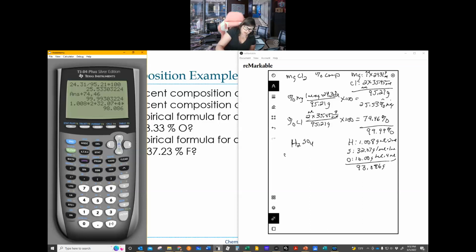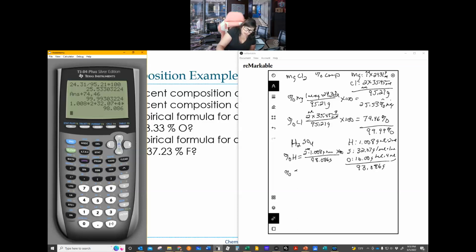Okay, I want to do percent hydrogen in this. That's 2 times the 1.008 grams per mole. This is 2 moles. And that's over the 98.086 grams. And then I multiply that by 100.